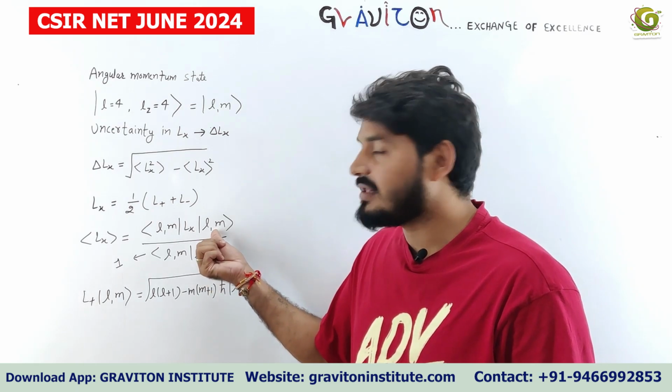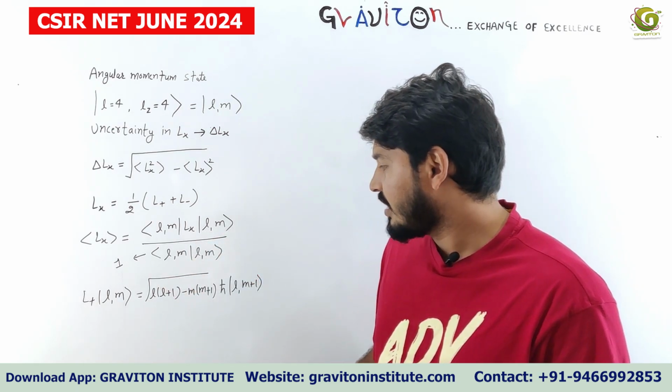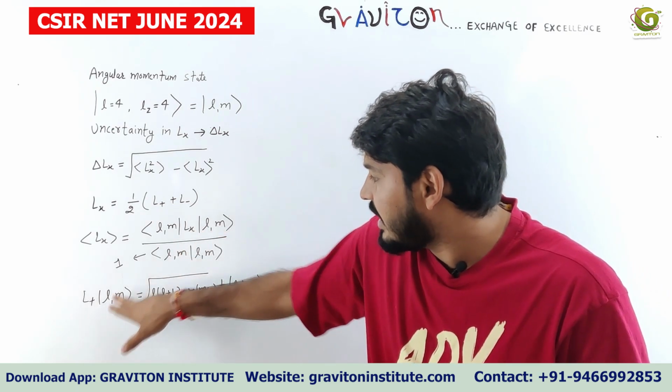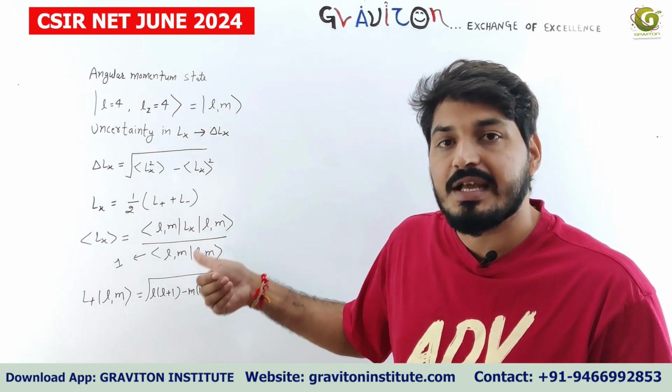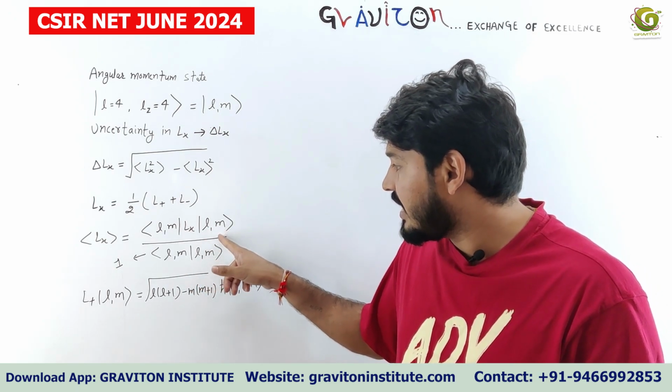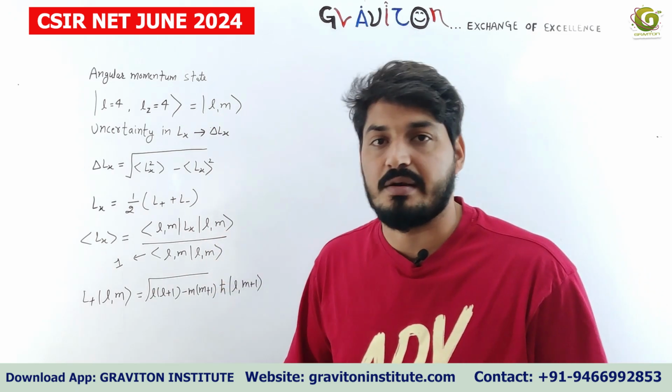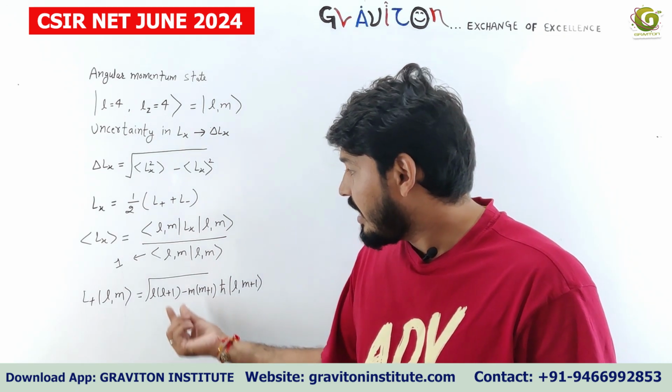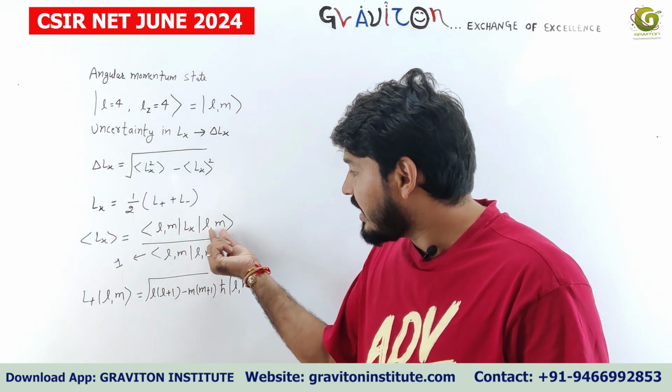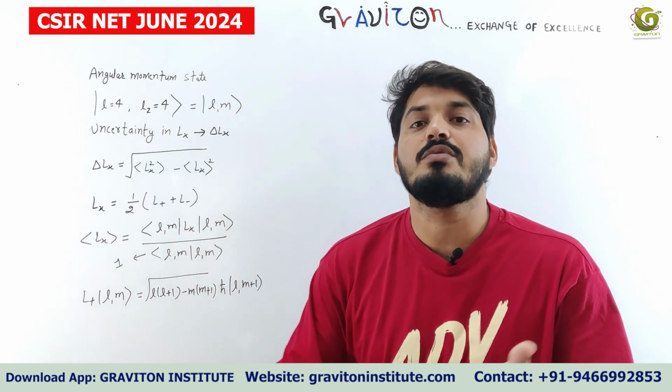So it increments M by 1. When you operate L plus on this, instead of Lm you get L M plus 1, and the inner product of Lm with L M plus 1 gives simply 0.